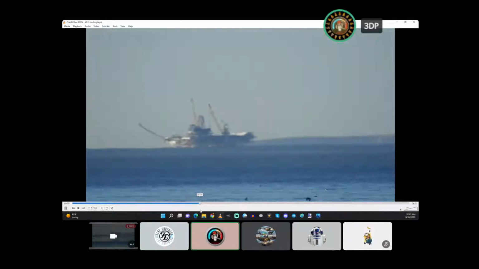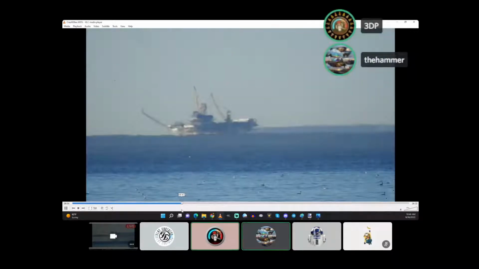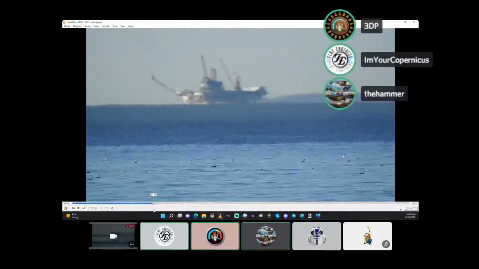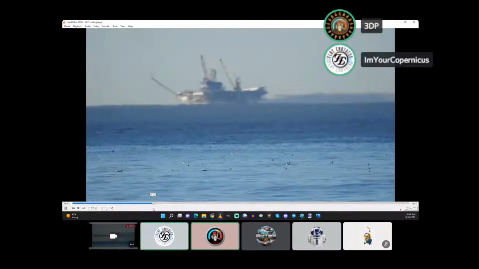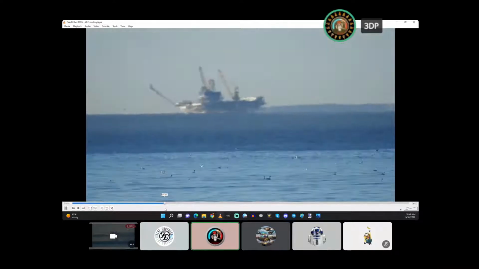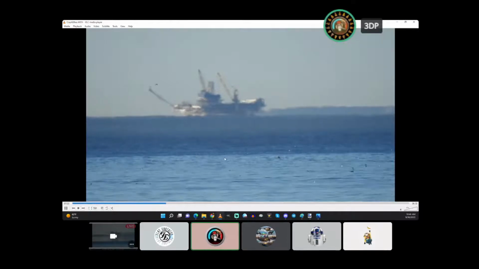Come on, guys. Hammer? It looks to me like the whole image is dropping, not just the platform. Correct. And my camera's stationary. My camera's not moving. That's not me. I played it in real time. My camera is still.